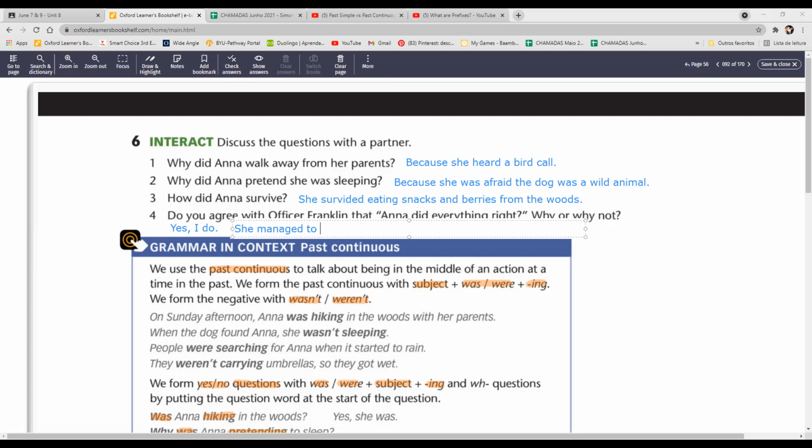She's very, very smart, isn't she? So she managed to survive on her own. She ate the snacks and built a shelter. Okay, we can put that.